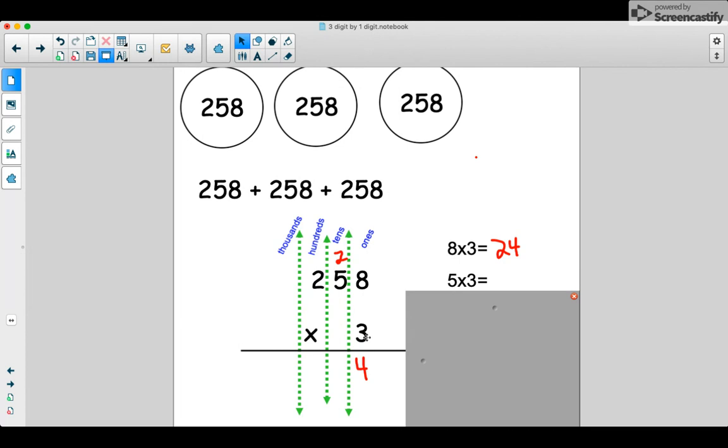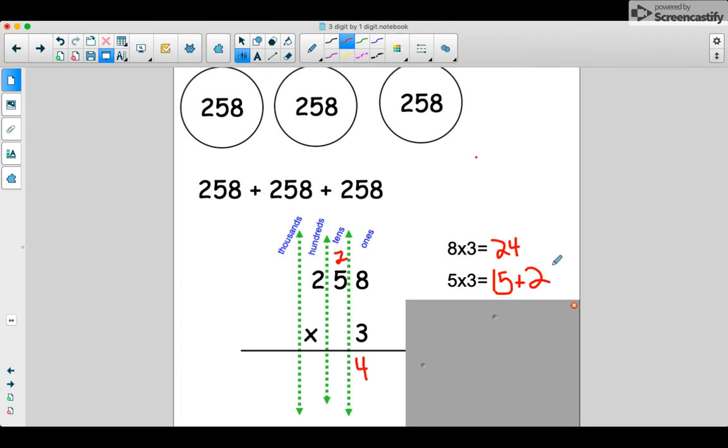I'm really thinking of 3 groups of 5. It's really 3 groups of 50, but since it's automatically going to go into my tens place, I can just think of it as 3 groups of 5. So 3 groups of 5 would give me an answer of 15, but then I also have to remember that there's 2 tens from the last problem I did, so I have to add those 2 tens on, and that would give me an answer of 17.